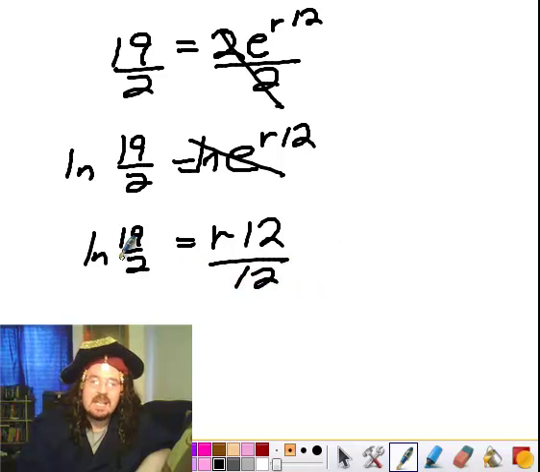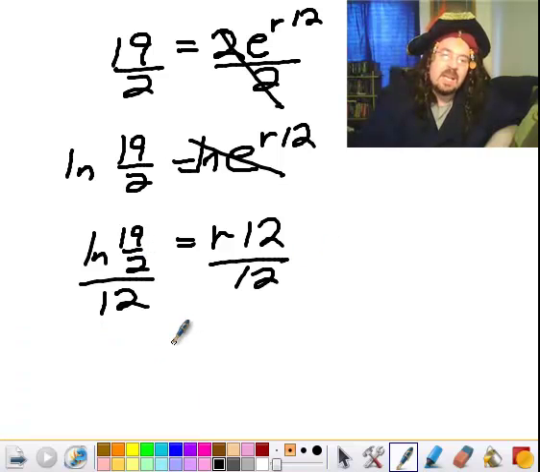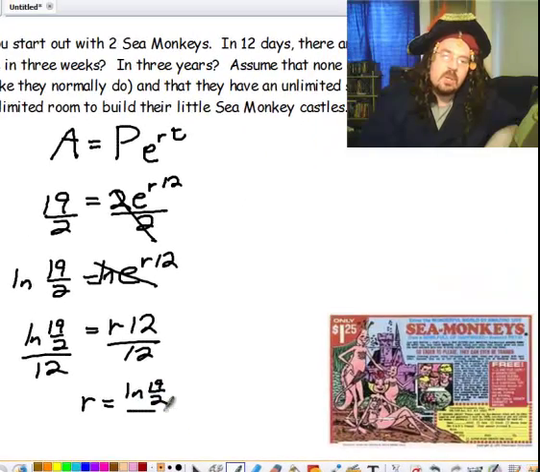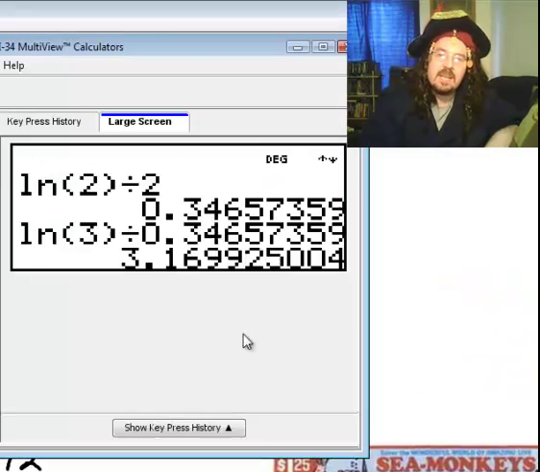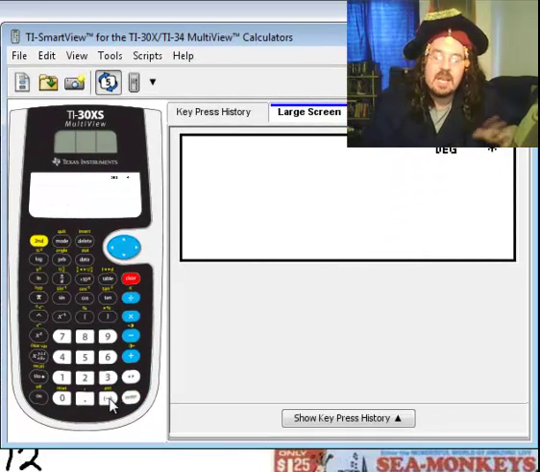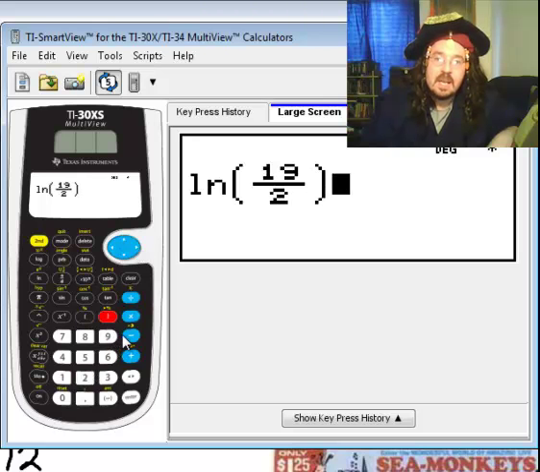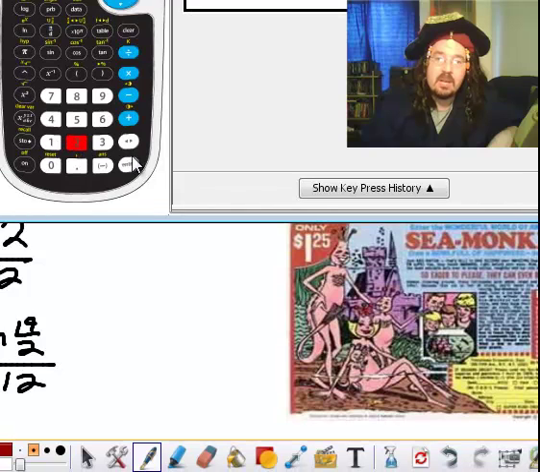And then divide again. Have you noticed all these problems seem to be solved the same way? So I get r equals ln 19 over 2, over 12, and I plug that into my calculator. Always a pirate's greatest friend is his calculator and his parrot, but mostly his calculator. ln, and then 19, and then over 2, and I close my parentheses, and then the whole thing is divided by 12.